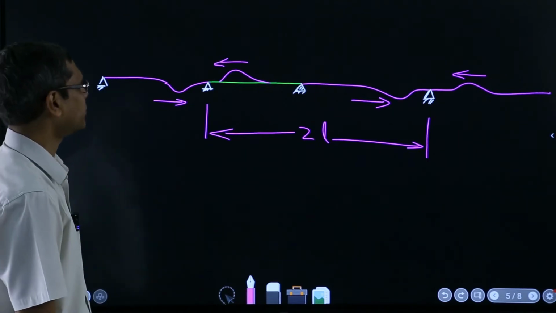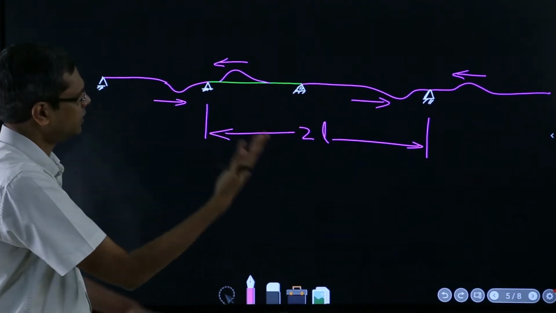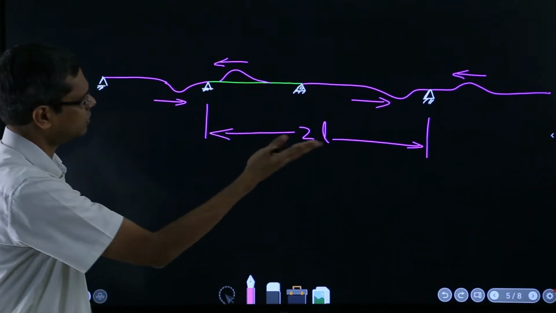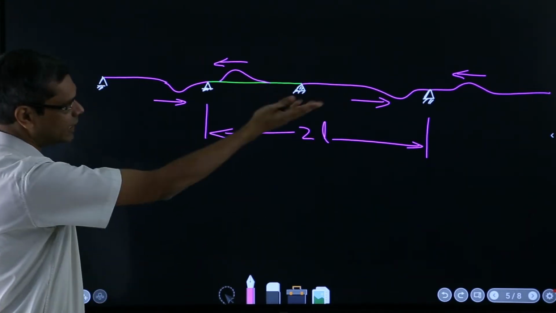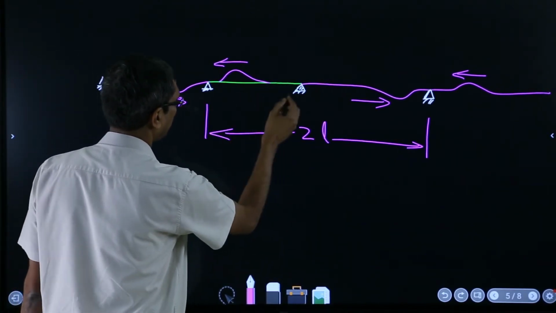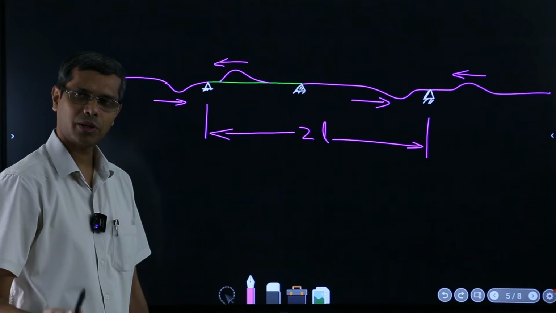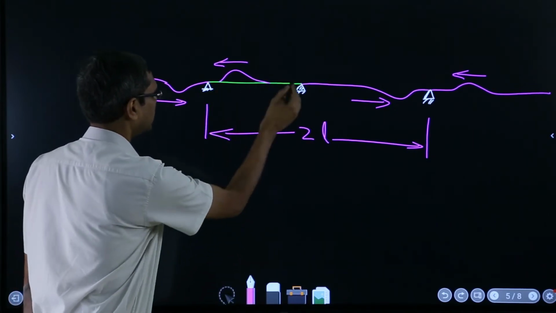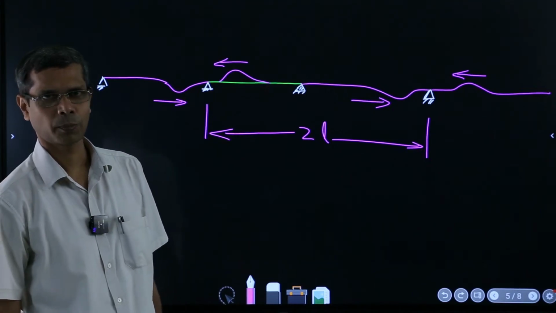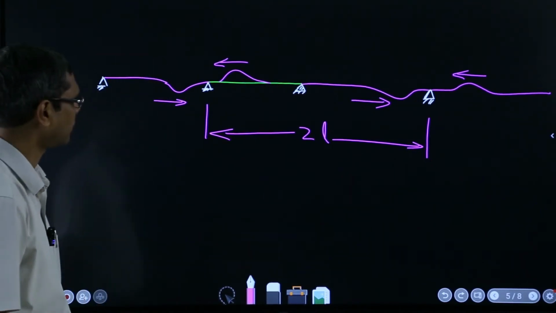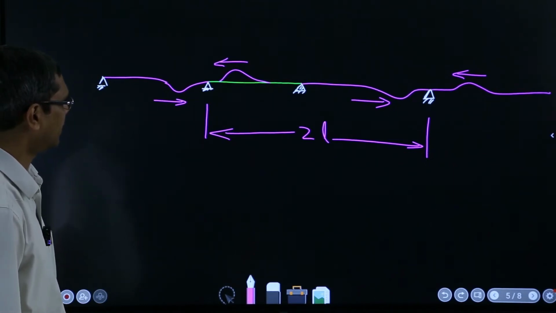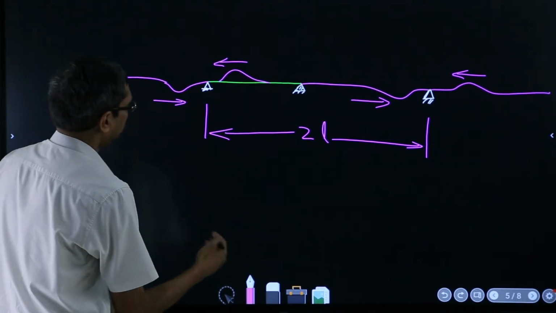So if you take this to be the complete solution from z equal to minus infinity to plus infinity, that will satisfy the condition of the complete wave equation plus the boundary condition on this physical domain. That means you can consider any part.